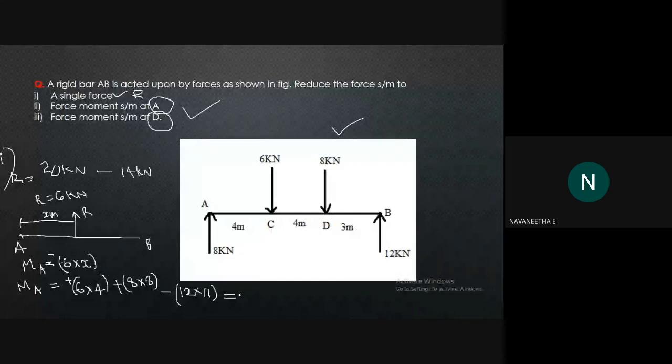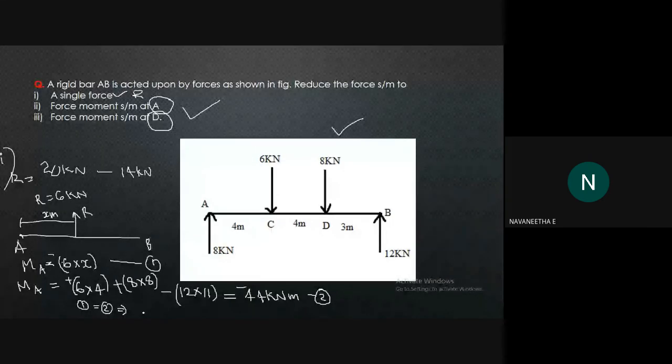Negative 44 means 44 kilonewton meter in the counterclockwise direction. So here, this MA from the first equation and the second equation should be equal. Both are the values of MA. So we can write the first equation equal to the second equation. Then you can easily find out the value of x.